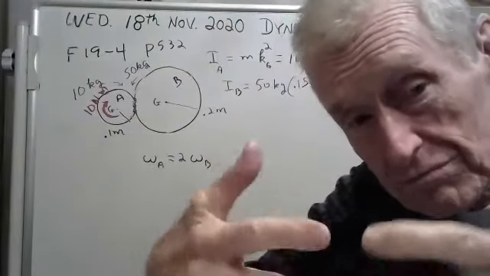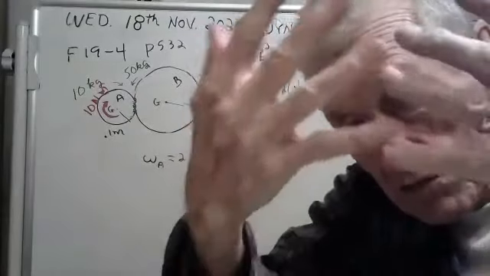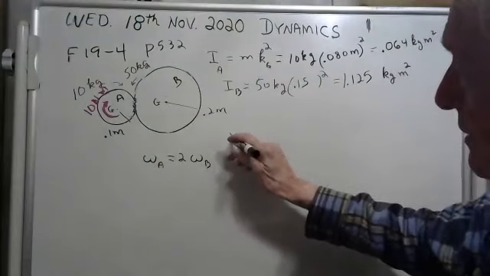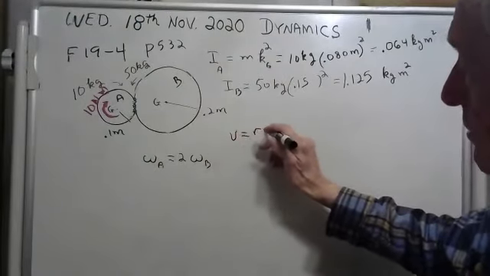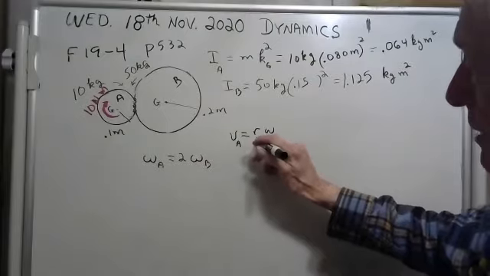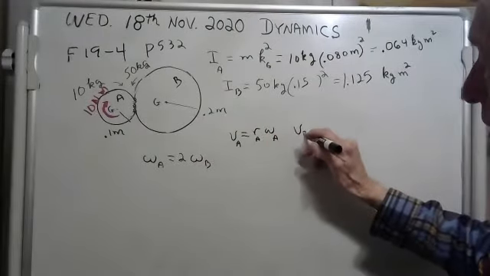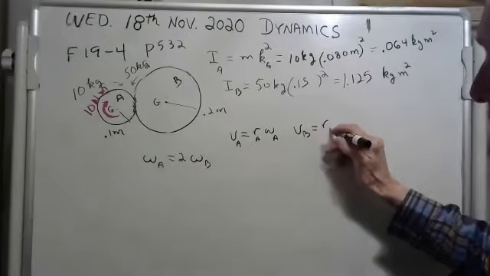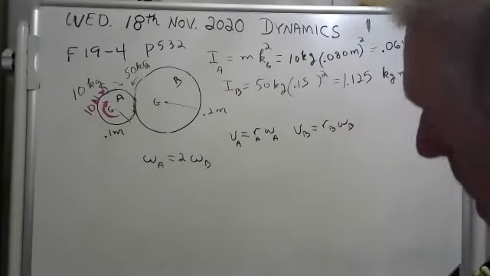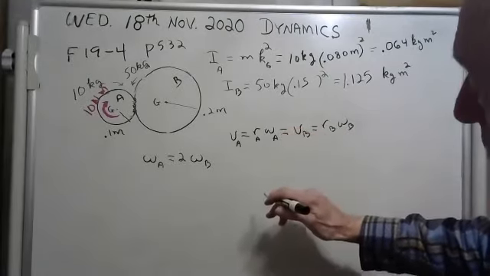You want them to mesh and go the same speed. Well, remember how it works. V equals R omega. So VA is equal to RA omega A. VB is equal to RB omega B. Well, if you want the velocities to be the same, set them equal.